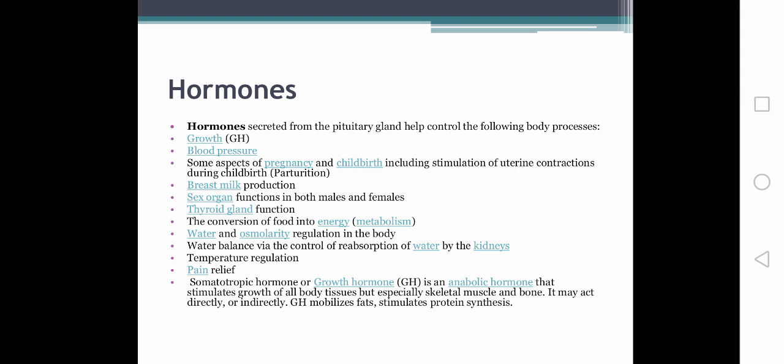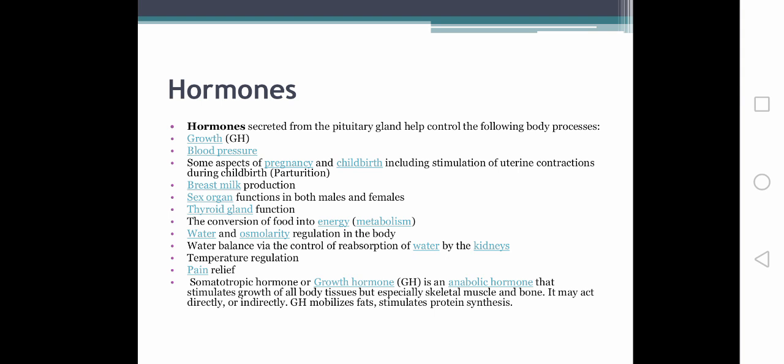Blood pressure, it is vasopressin and antidiuretic hormones. Some aspects of pregnancy and childbirth, including stimulation of uterine contraction during childbirth.